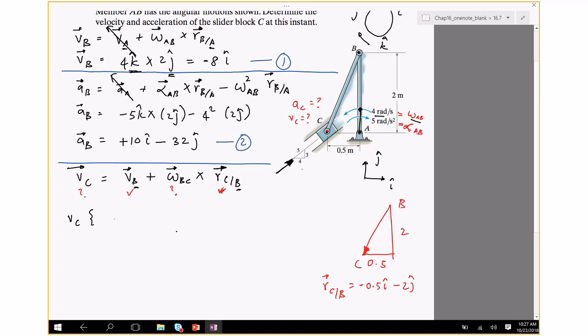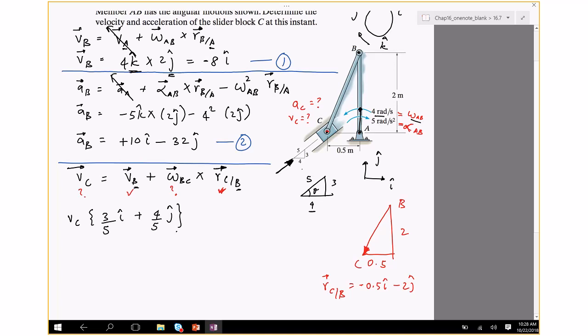So it's a 3, 4, 5 triangle. This is 5, this is 3 and 4. If this is theta, then I basically have to write sine theta for the i, but sine theta is simply 3 divided by 5, so 3/5 i. And then cosine theta is 4 divided by 5 j.